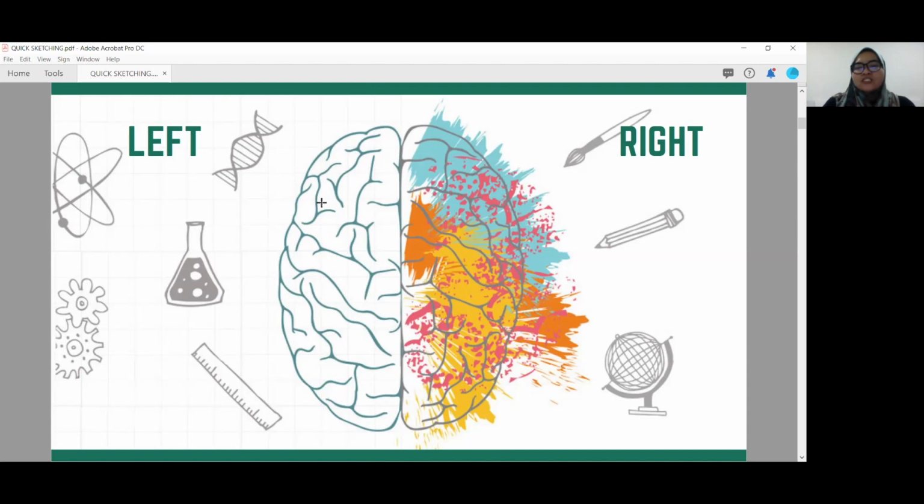It is the same for sketching and coloring. It involves the combination and use of both left and right brain, in which you have to know certain things and certain techniques to deal with this kind of techniques.